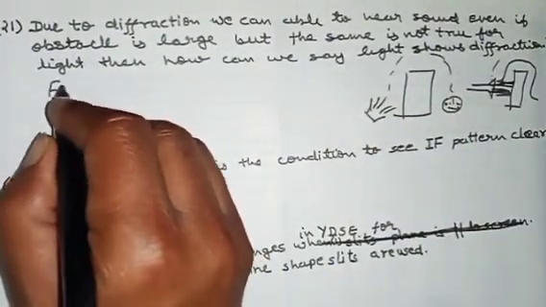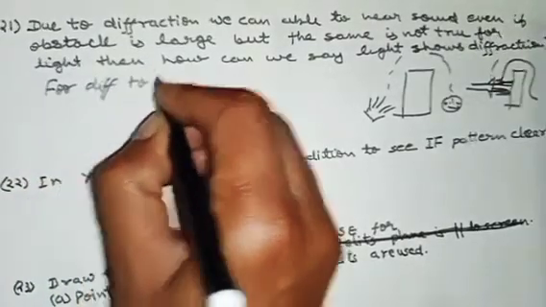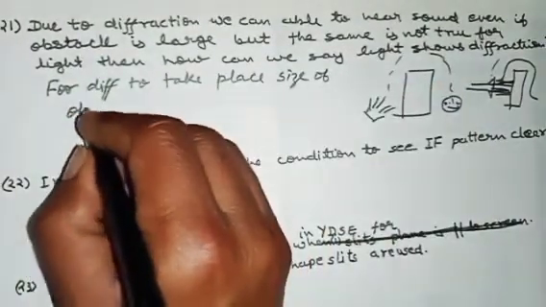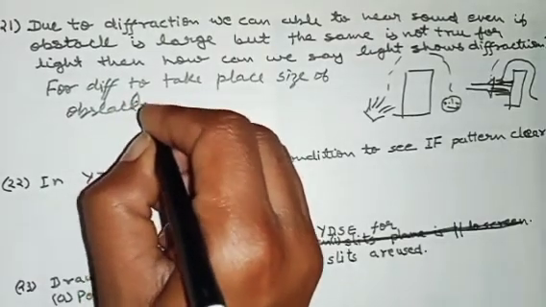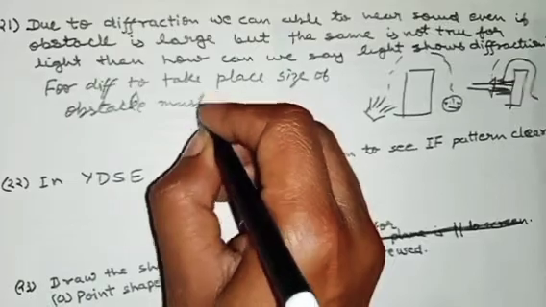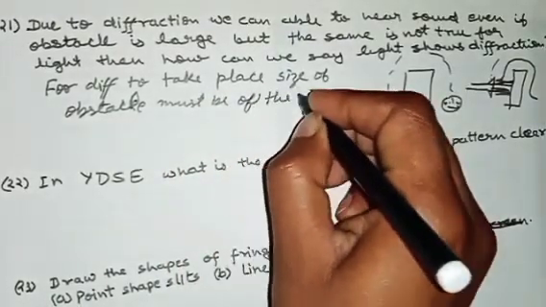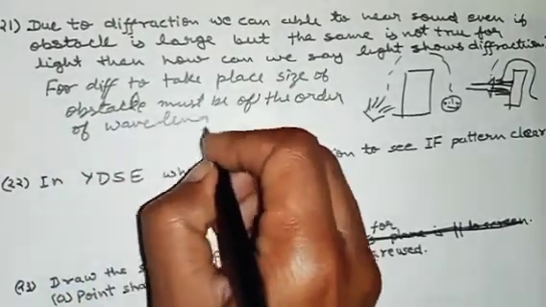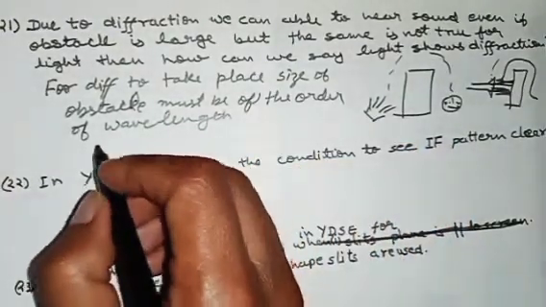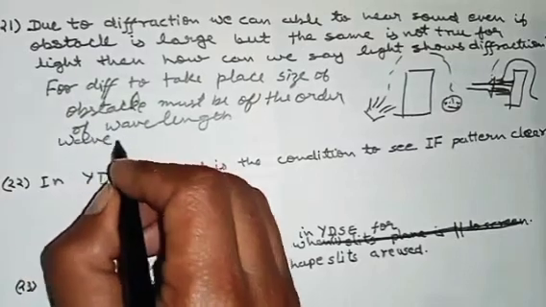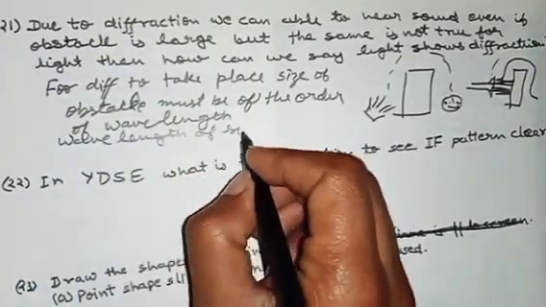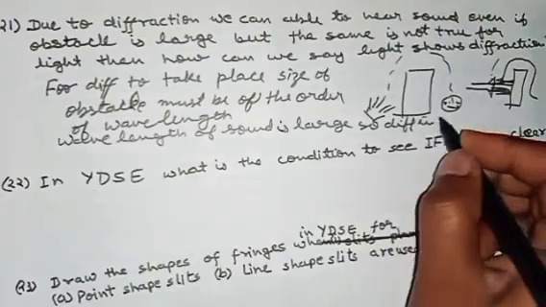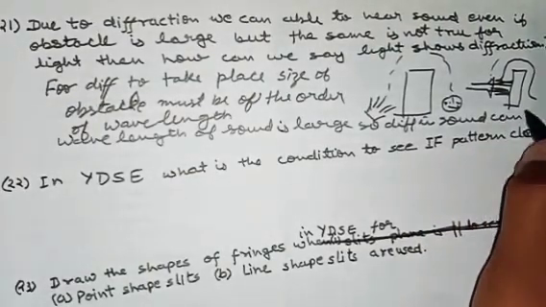For diffraction to take place, the size of the obstacle must be of the order of the wavelength. The wavelength of sound is large, so diffraction of sound can be easily observed.